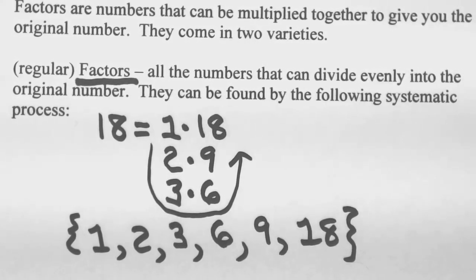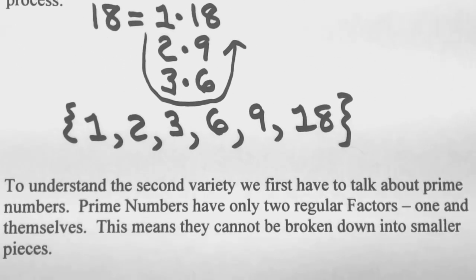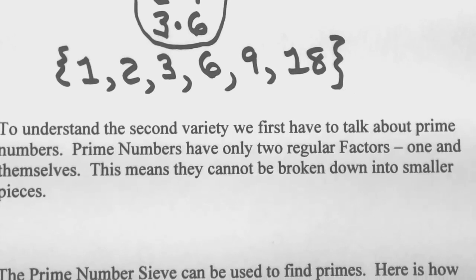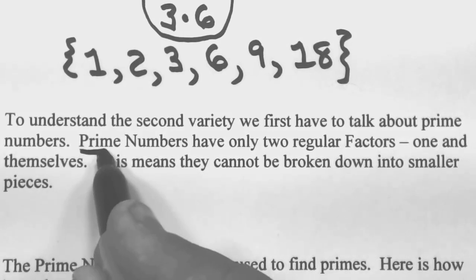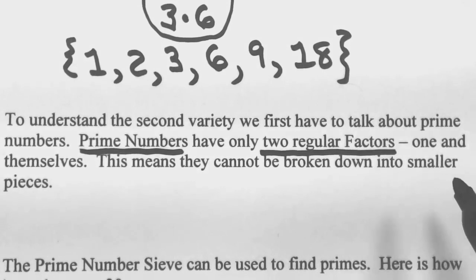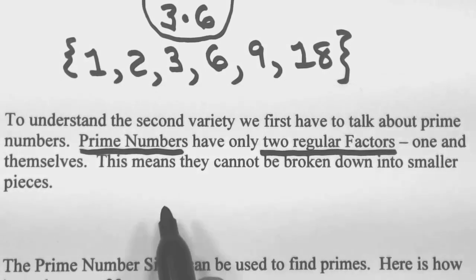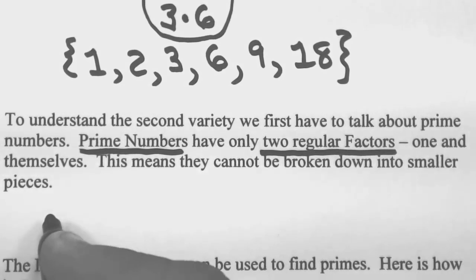Well, to understand the second group of factors, I mentioned that word prime. What we have to first do is talk about what we mean by a prime. So, here's the first key. Prime numbers have only 2 of those regular factors, the number 1 and their own number itself. What's a classic example of a prime number?